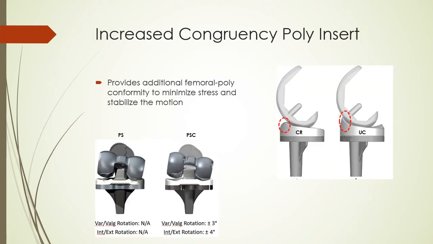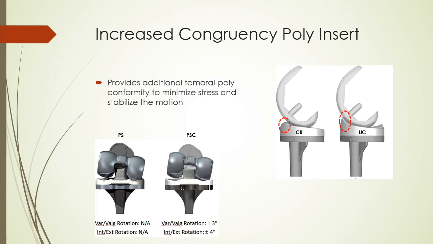Speaking of these two main designs, I do have to add this extra slide regarding the availability of increased congruency poly inserts. So once we have, for example, in the CR surgery, insufficient PCL, it can probably still work. The surgeon may opt, instead of going to a PS, to use a UC design that provides more anterior-posterior stability, and it also comes with more conformity, so it can minimize the stress.